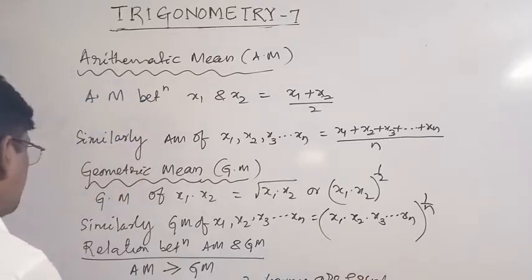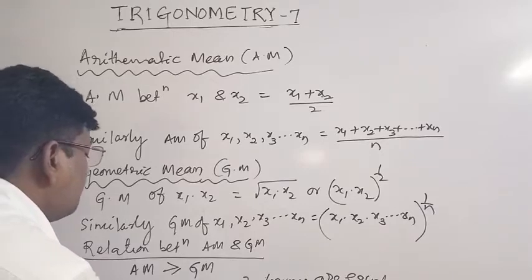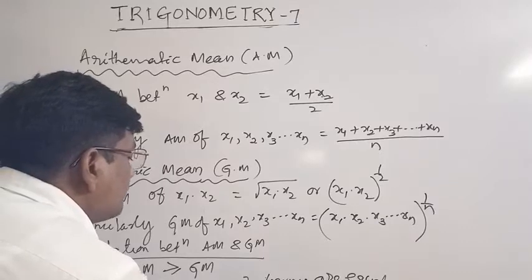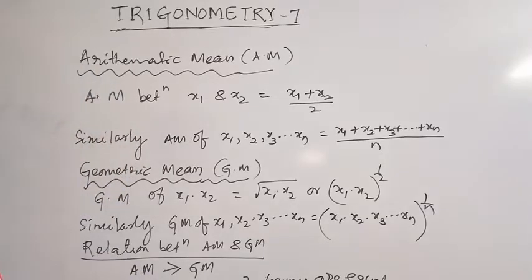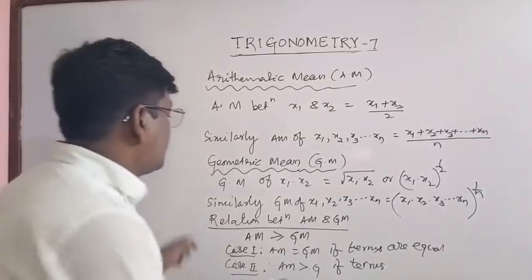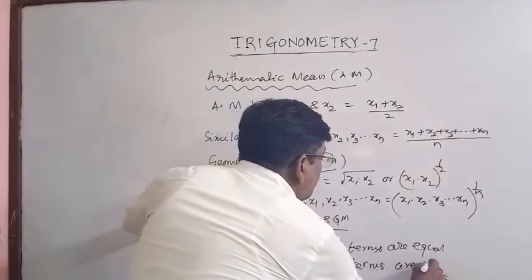Case 2: AM greater than GM if terms are unequal.